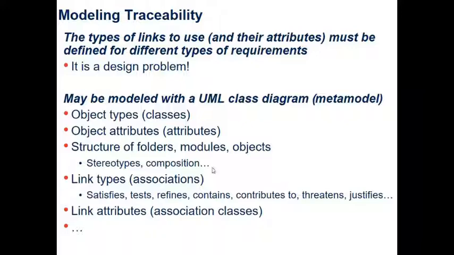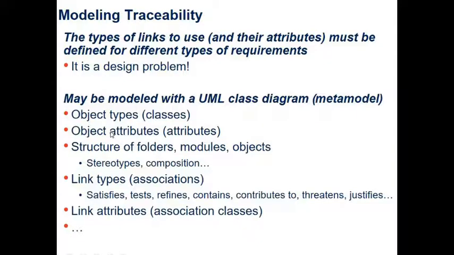And now we are making a class diagram for the traceability, for keeping record of requirements. Alright, so that makes it a meta model. It's a model about the model, right?